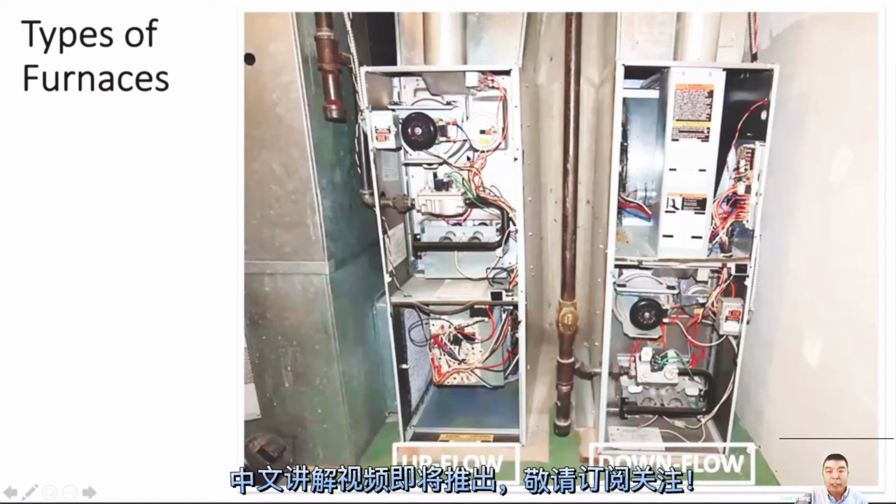The only thing is, when you install the downflow or horizontal, you may have to change the inducer motor direction, because the flue blows up or down or to the horizontal side, and even the condensate water. So we need to think about that.